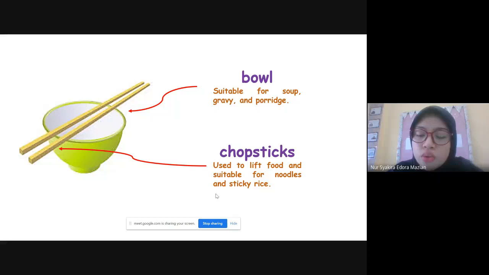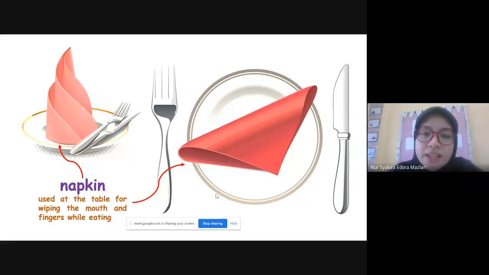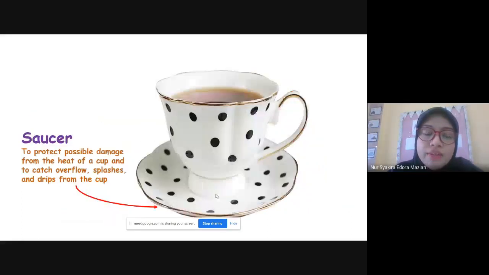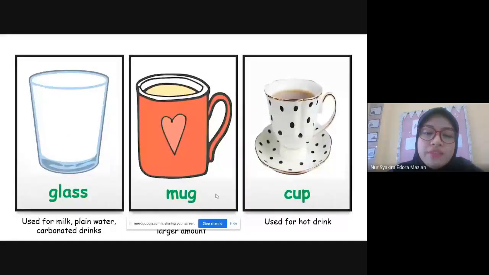Okay, let's go to the previous slide. We have napkin here, the towelette or the cloth. We have a saucer, the small plate underneath your cup is what we call a saucer. Okay, next we have glass, we have mug, we have cup. Please have a look again carefully at the differences between all these types of tableware for drinks.